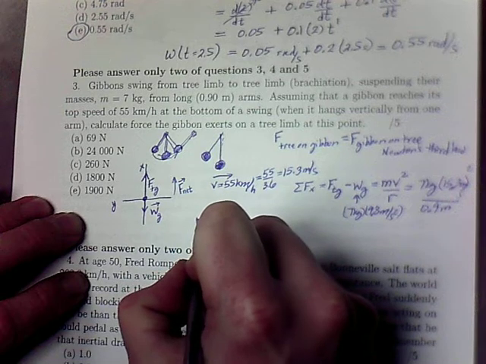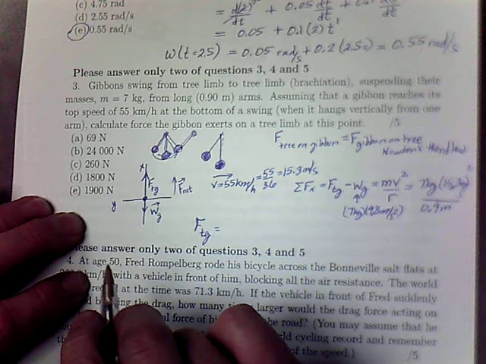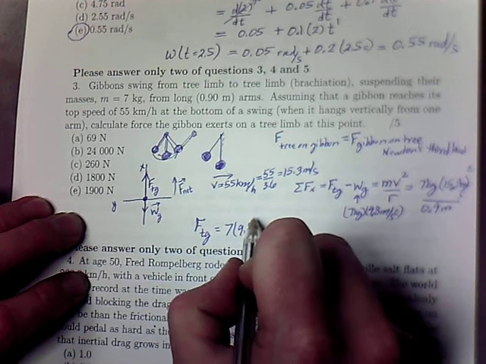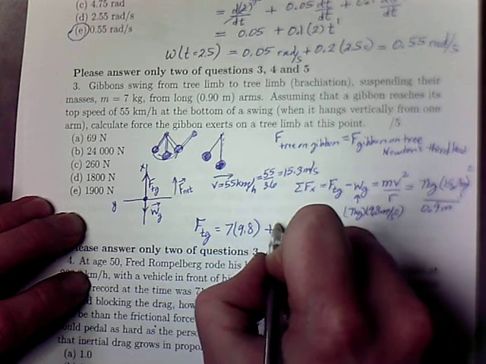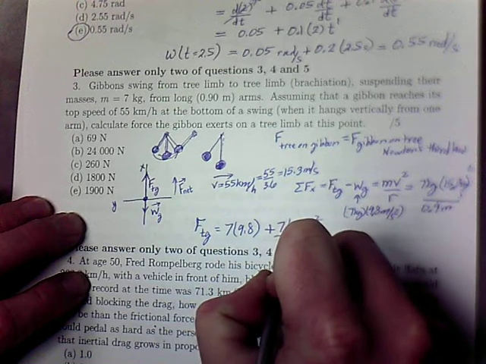And so the force that the tree puts on the gibbon is the weight of the gibbon, 7 times 9.8 newtons, plus 7 times 15.3 squared divided by 0.9.